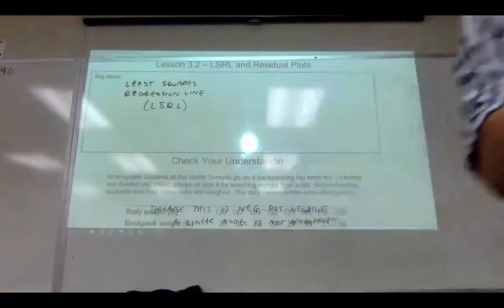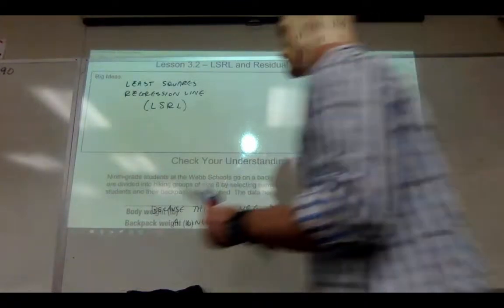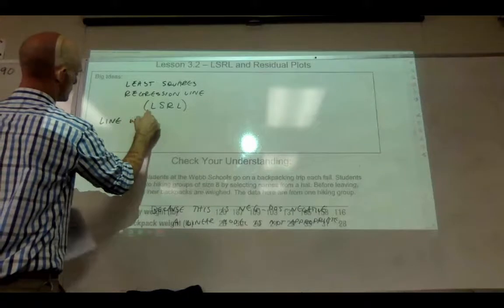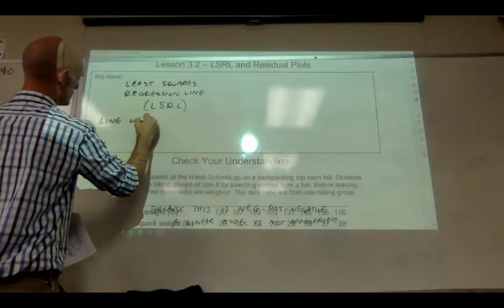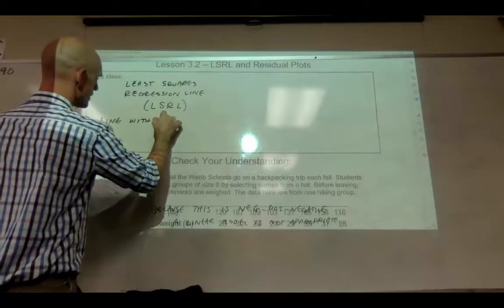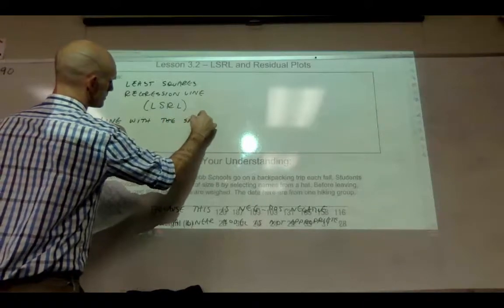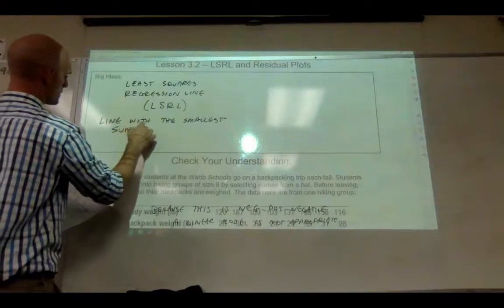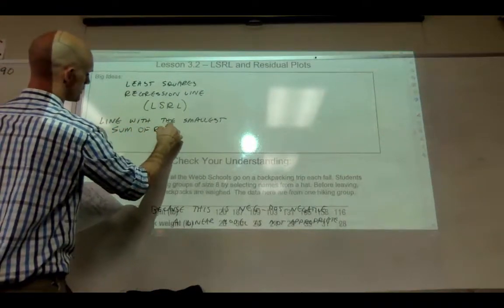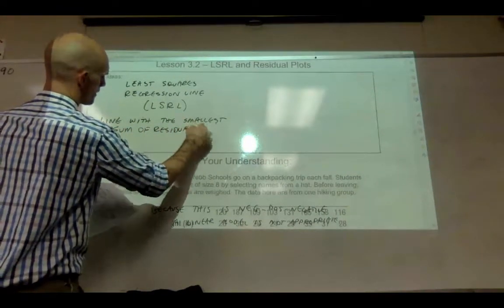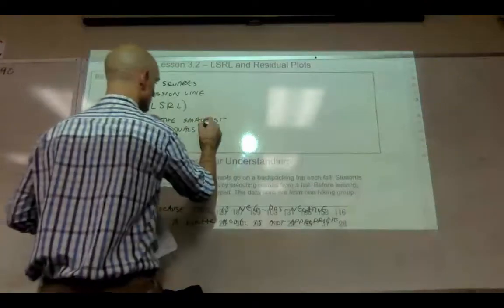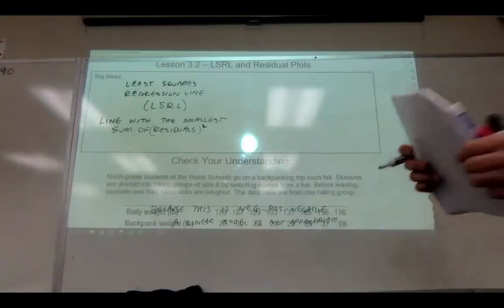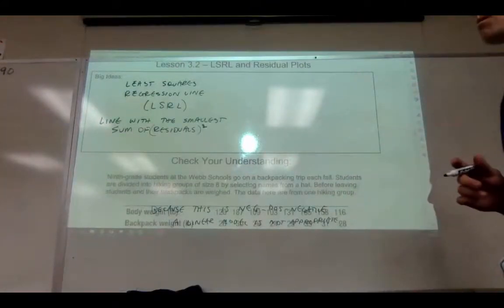LSRL, least squared regression line. So it is the line with the smallest sum of residuals squared. That's a definition. Yep.